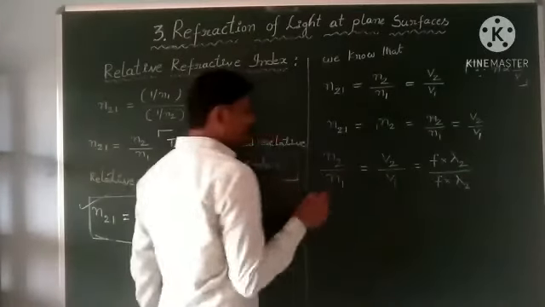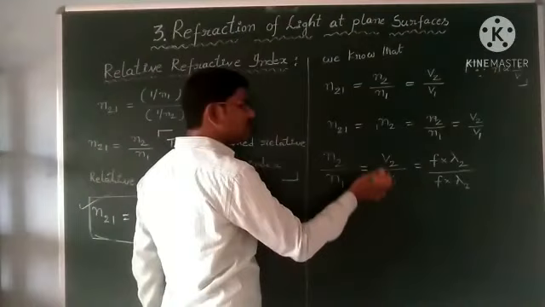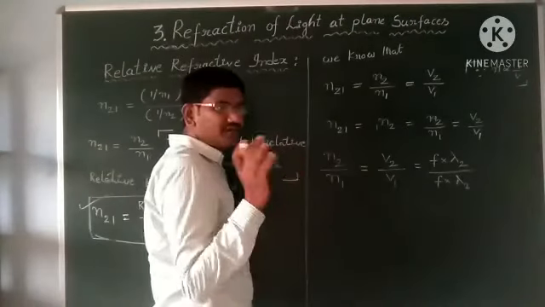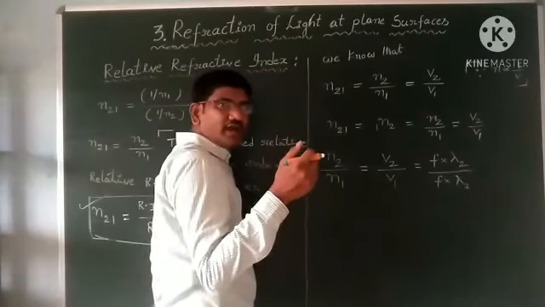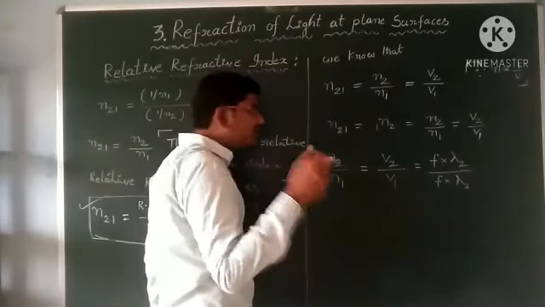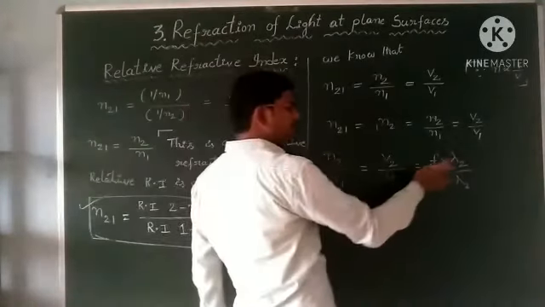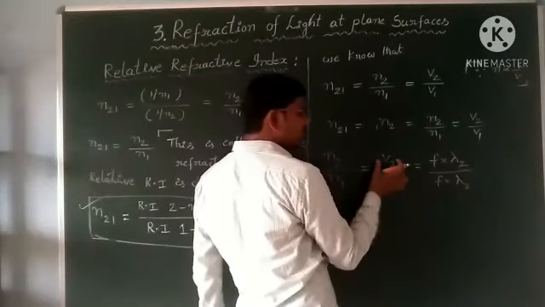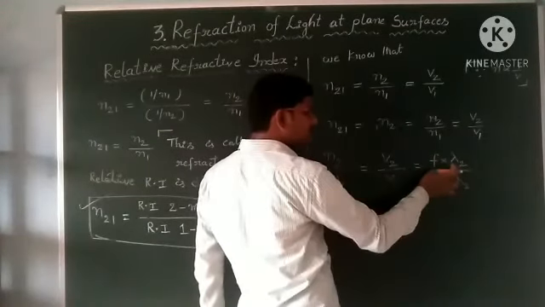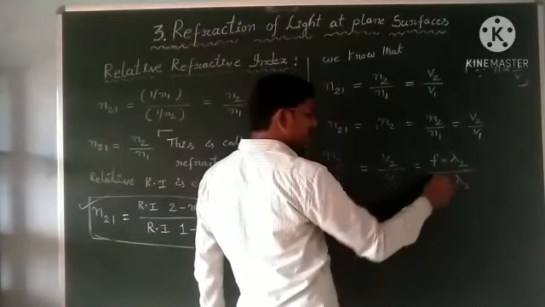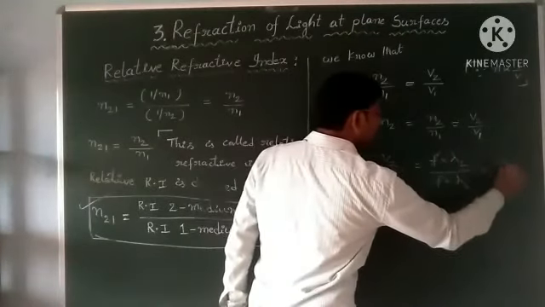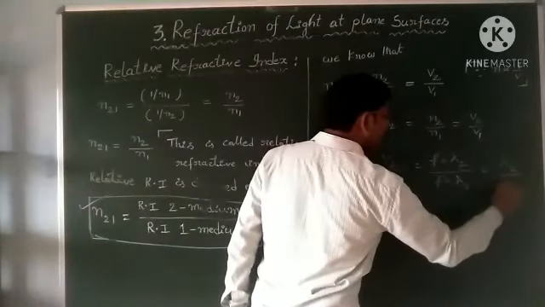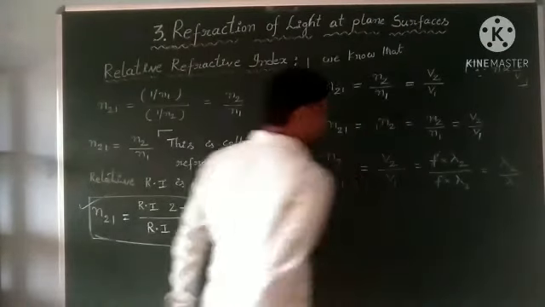When the same light, of the same color, passes from the first medium to the second medium, the speed can be written as frequency into wavelength. Frequency remains constant, so you can write it in terms of lambda 2 by lambda 1 also.